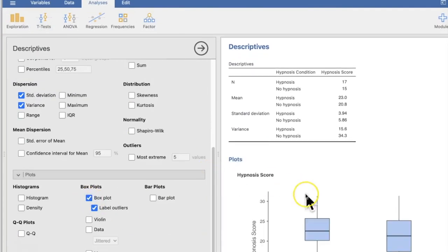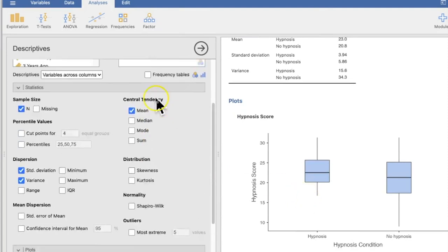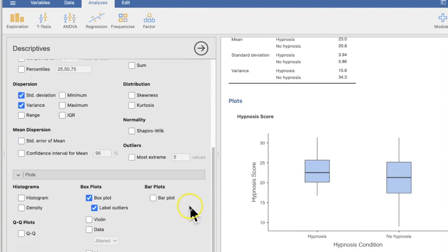I don't have to do anything else regarding the plots because I already split it by condition. As long as you don't take that out, it will produce the hypnosis score plot and the 2 box plots, and you can eyeball them here. They actually look really different to me, but when we actually did the test, they were not statistically significant.